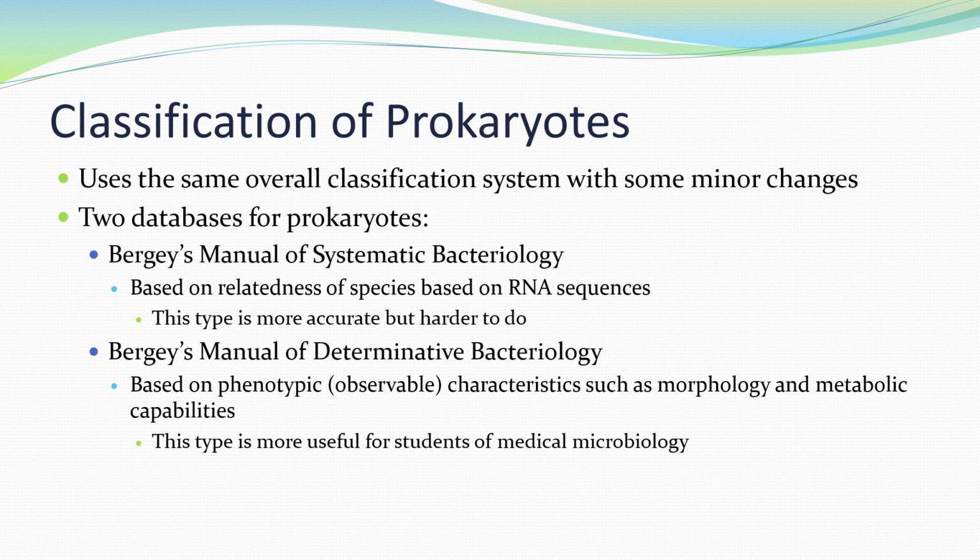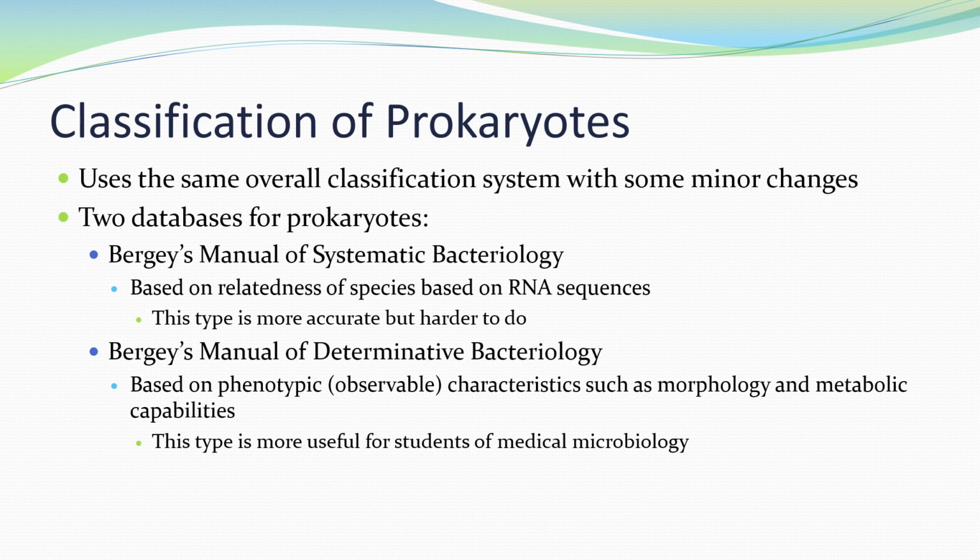So the way we classify prokaryotes is going to be very similar to how we classify eukaryotes. We talked about that at the end of chapter 1. There are 2 databases for classifying prokaryotes, and they're based on 2 different features that we can compare prokaryotic cells against other prokaryotic cells.